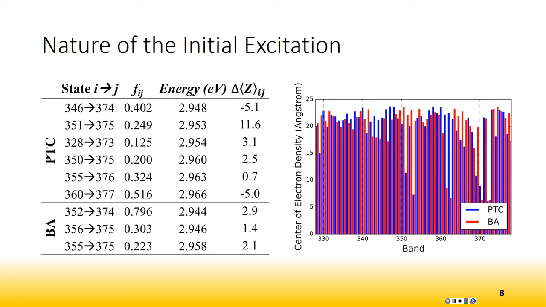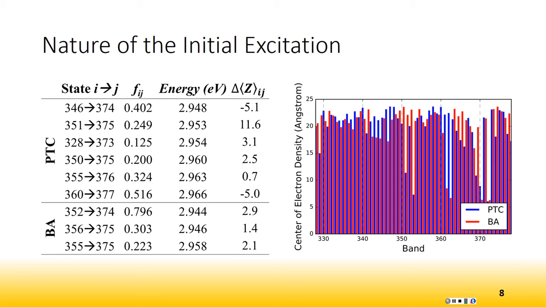We can see that for a lot of the PTC states that are excited, the hole is in this region. The BA has to relax down to almost a HOMO level to be able to get a charge transfer state.